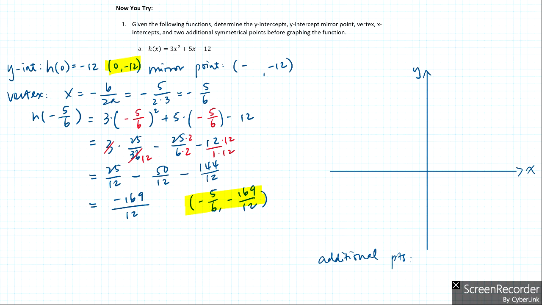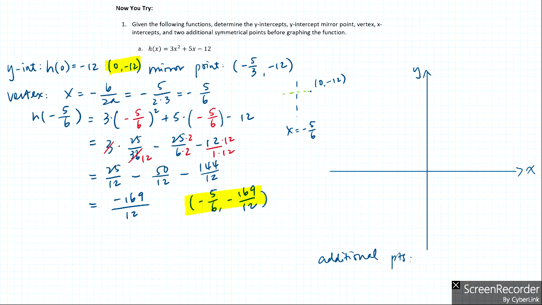Multiplying this by 2 will be negative 5/3. This is because if we had, say, x equals negative 5 over 6 as the axis of symmetry, and we have the y-intercept at (0, negative 12), we can find that the distance between the two is 5/6, which is just the absolute value of the x-coordinate of the vertex, or the equation of the axis of symmetry.